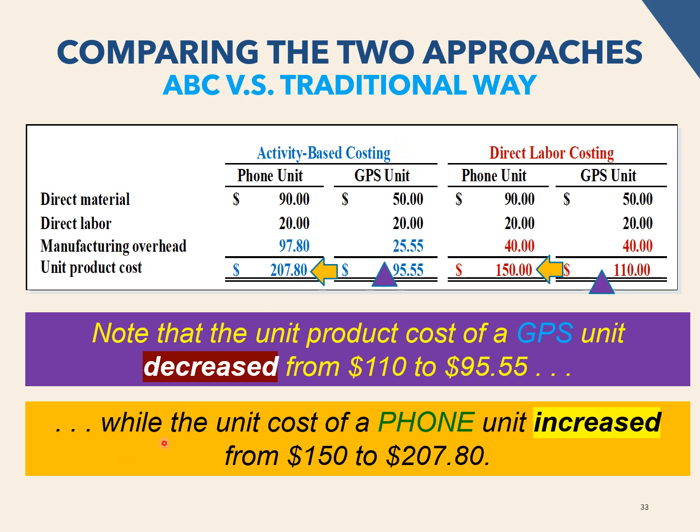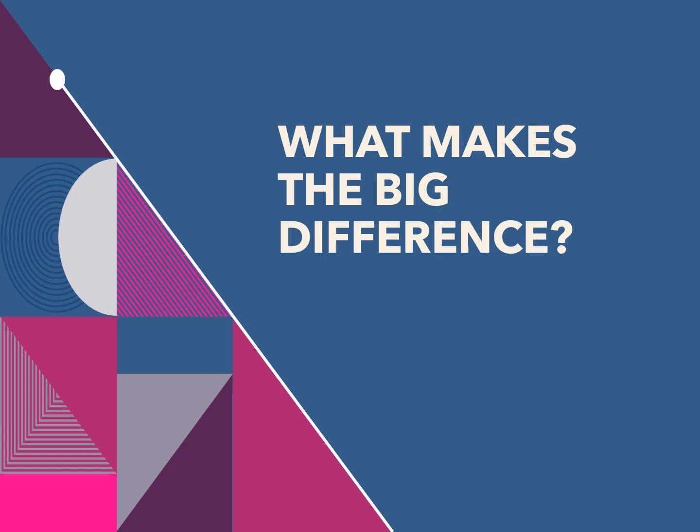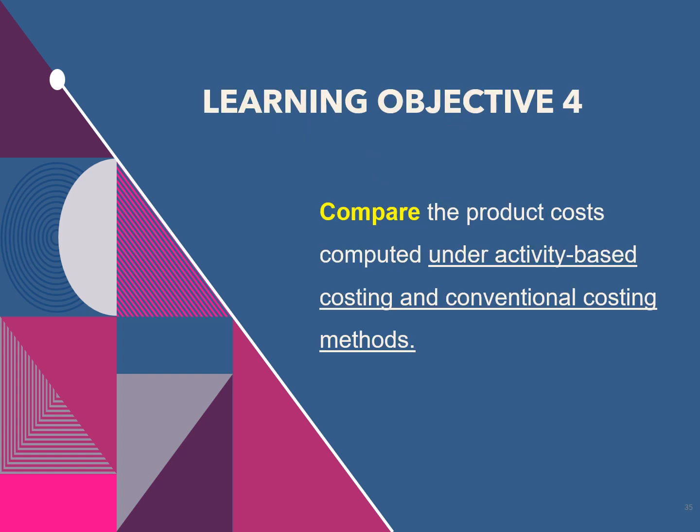While the unit cost of a phone unit increased from 150 to 207.80, from here to here, and this is traditional and this is activity-based costing. What makes the big difference? To answer that question, we will move to learning objective number 4, to compare the product cost computed under activity-based costing and conventional costing methods.